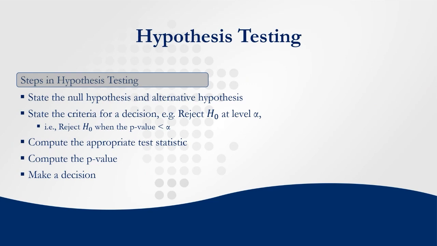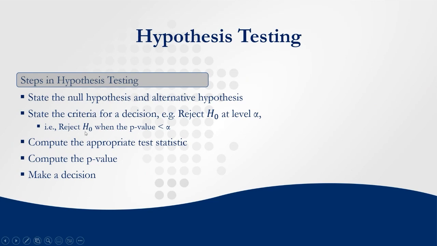As we proceed, we will look at the null hypothesis and the alternate hypothesis. Then we'll look at bullet number 2, which is setting a criteria. We look into alpha. What does alpha mean? And then we will talk about the test statistic and the p-value. In bullet number 2, you set a criteria which will say, reject H0, where H0 represents the null hypothesis, when alpha is this much.